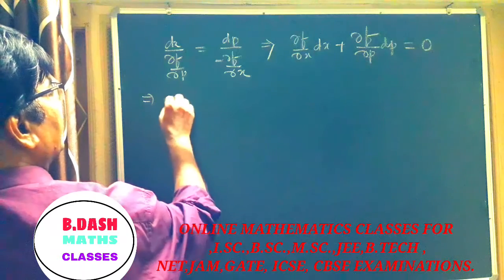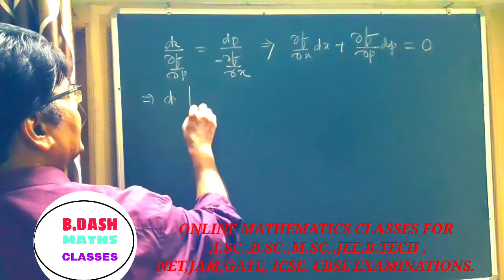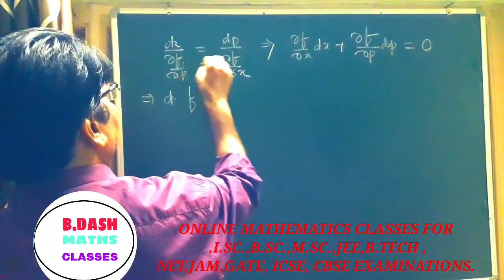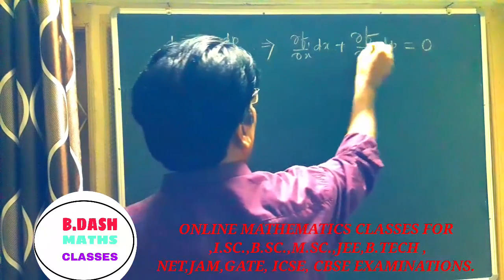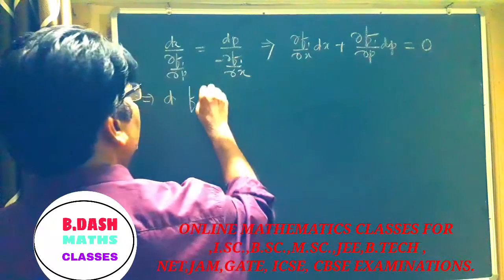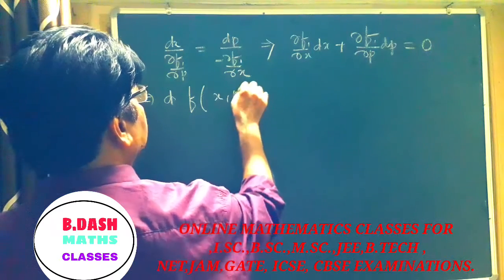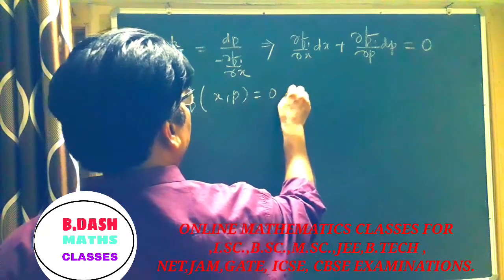And this gives us the derivative of the function. This is f1, so f1 of x, p is equal to 0.